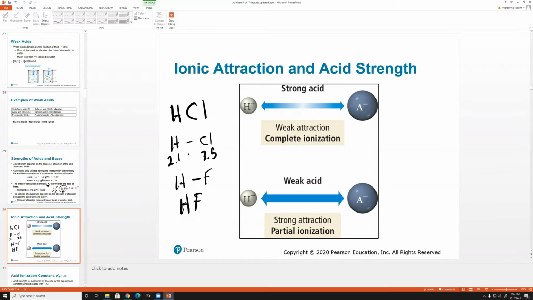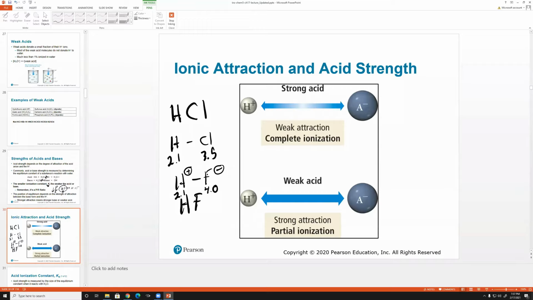But the polarity difference here is pretty weak in comparison to HF, which is 2.1 and 4.0. This is a lot stronger. So the fact that this polarity difference is a lot bigger means that it creates a stronger bond, meaning higher partial charges, negative for the fluorine, positive for the hydrogen.